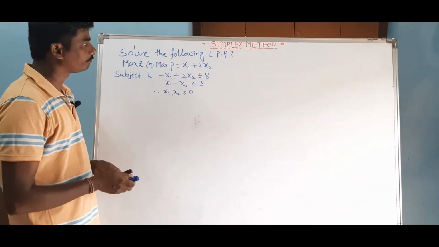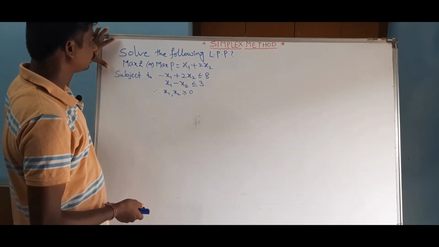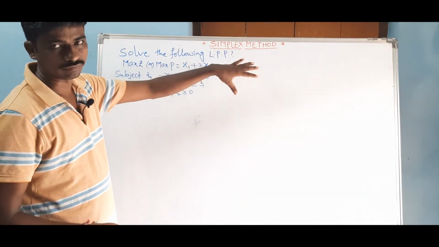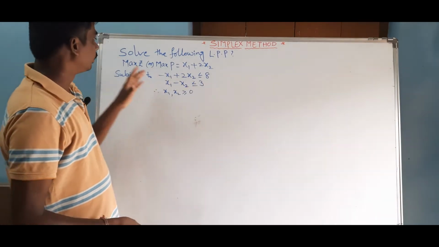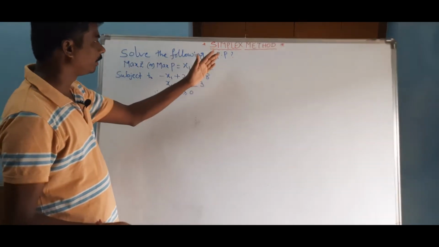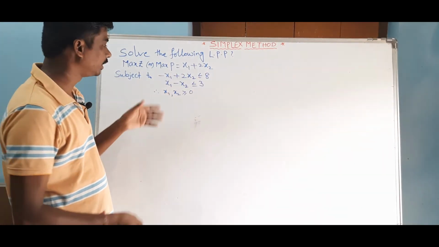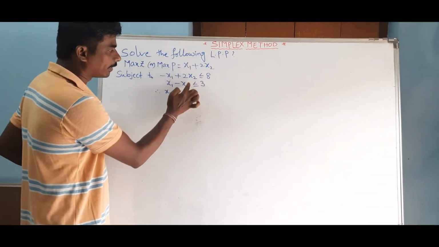Now see here, in this question, he asked to solve the following LPP by using the simplex method. Right? Directly we are doing the simplex method here. First, how do we find whether this is a simplex method problem or not? See here, subject to constraints, these two constraints are less than or equal to type.